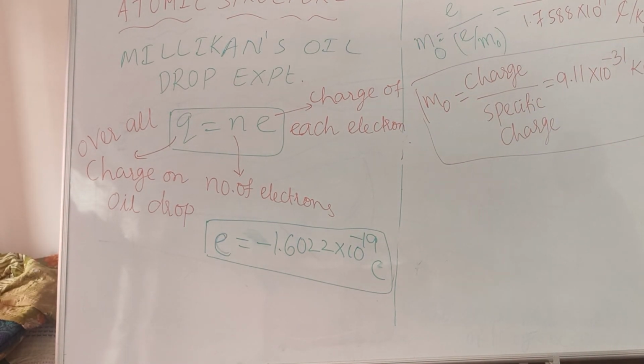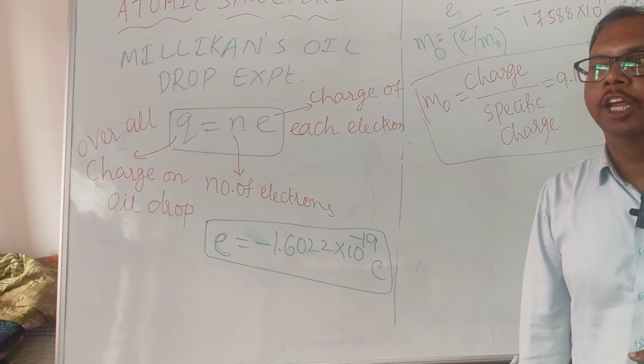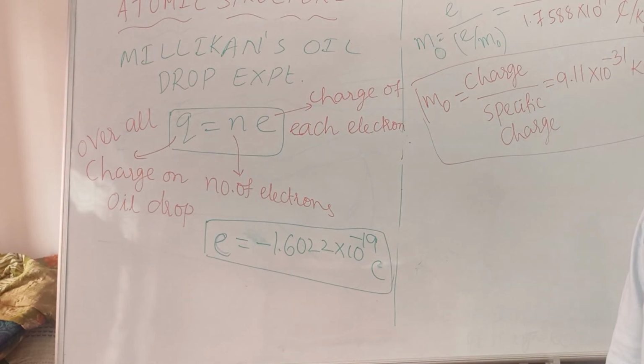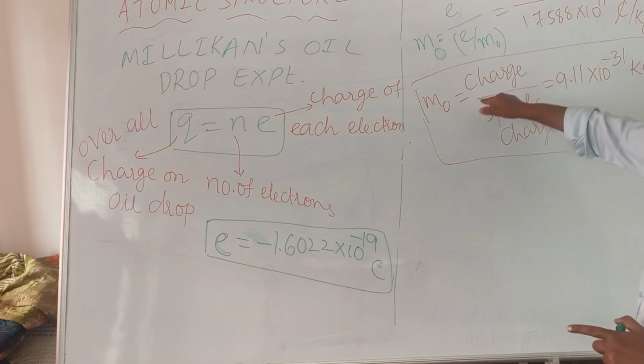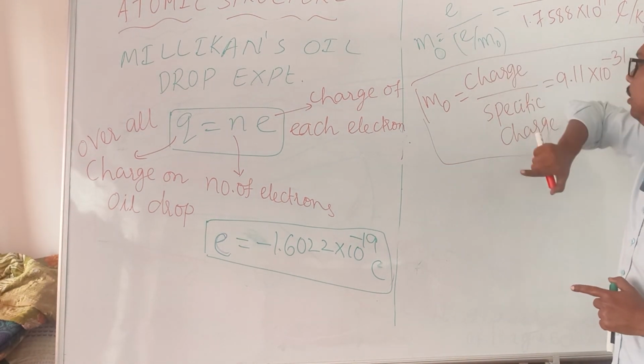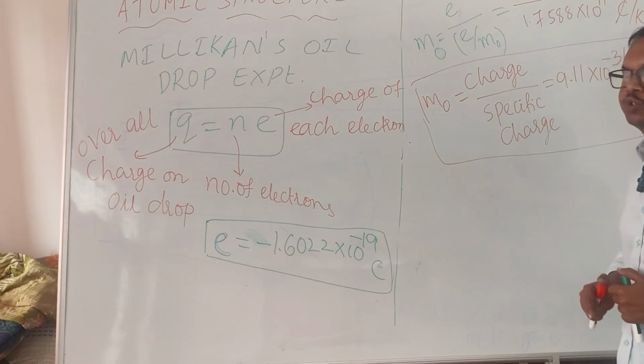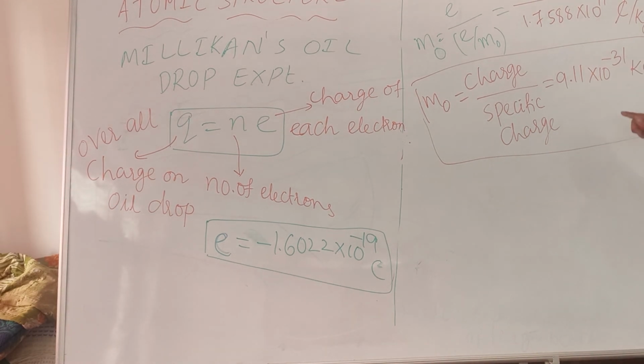The mass of one electron, that is the rest mass, we say is 9.11 into 10 power minus 31 kg.